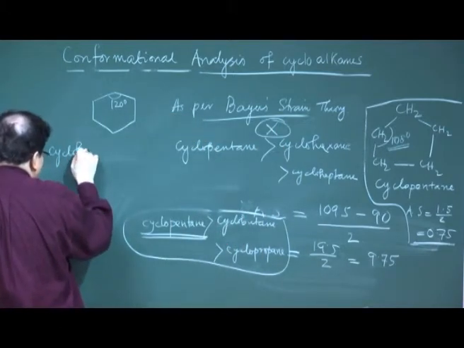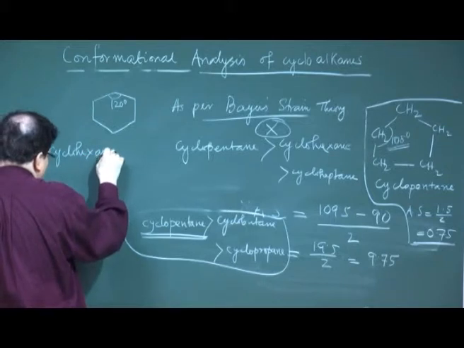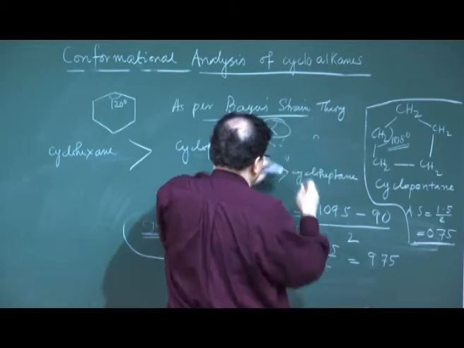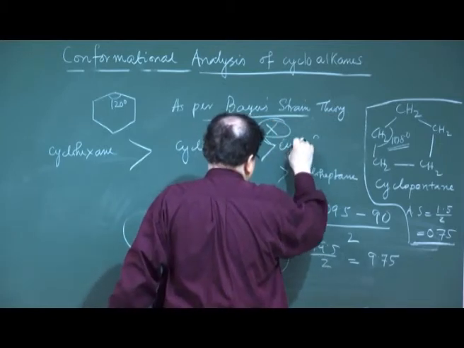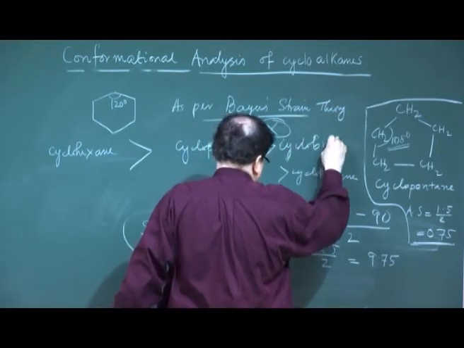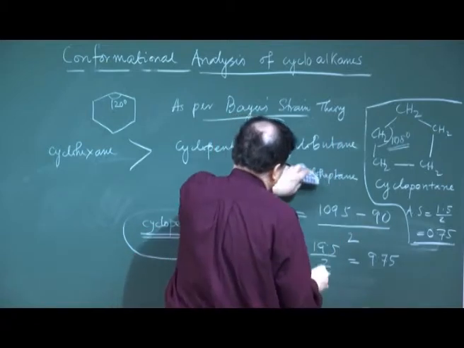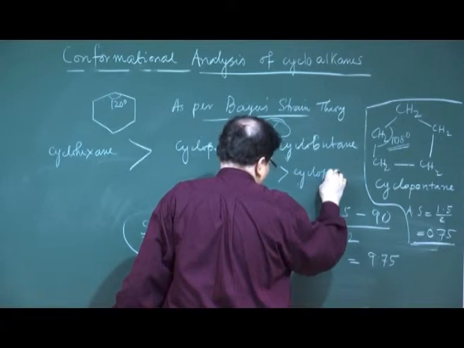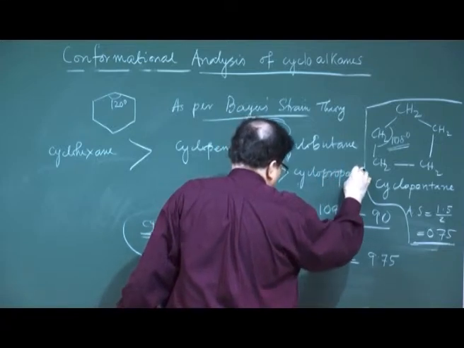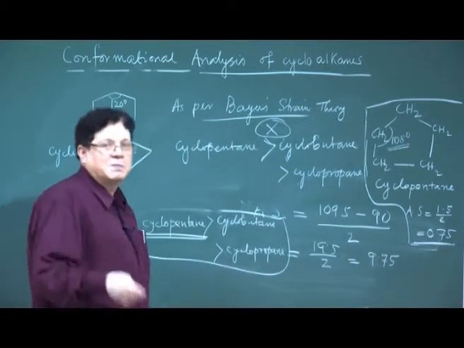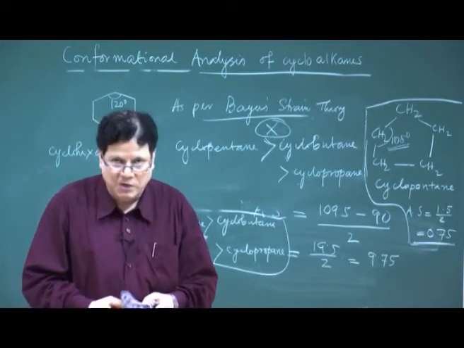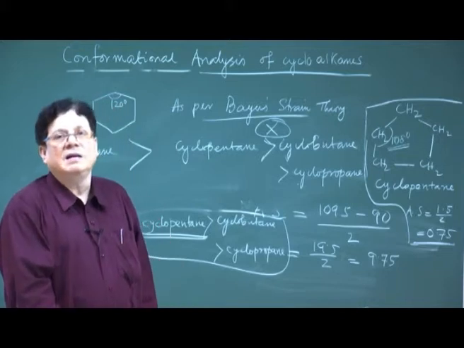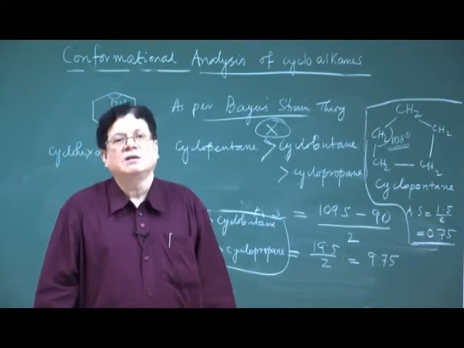Cyclohexane is more stable than cyclopentane, then comes cyclobutane, and cyclobutane is more stable than cyclopropane. So, here we have a problem now. There must be something wrong with Bayer's strain theory. Okay? So, it is not dictated by angle strain.